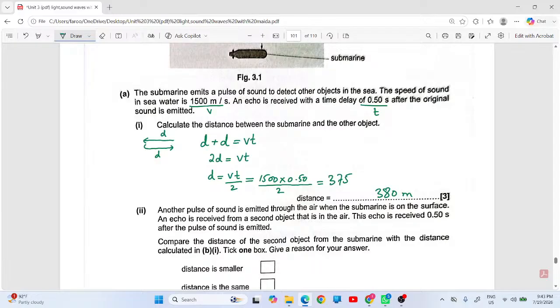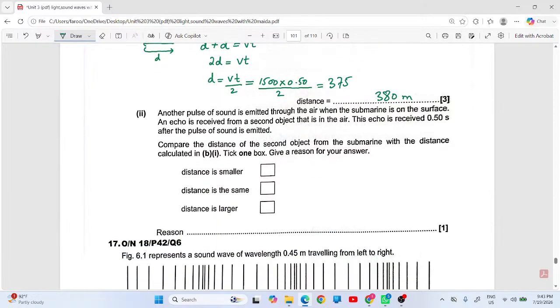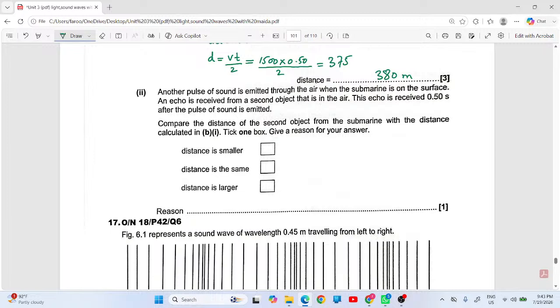Next, another pulse of sound is emitted through air from the submarine. An echo is received from a second object. The echo is received 0.50 seconds after the pulse of sound is emitted.